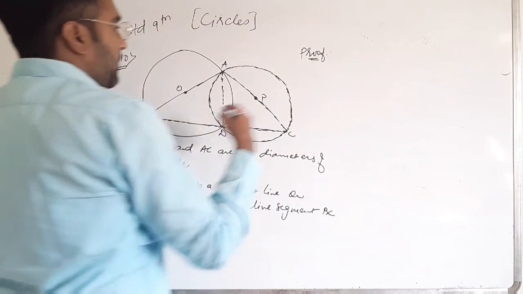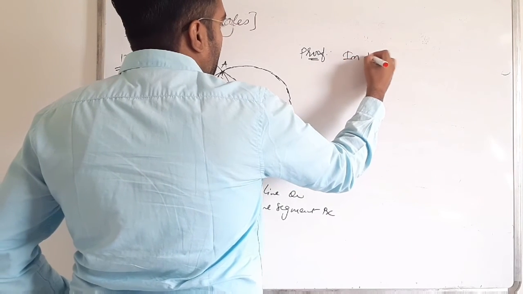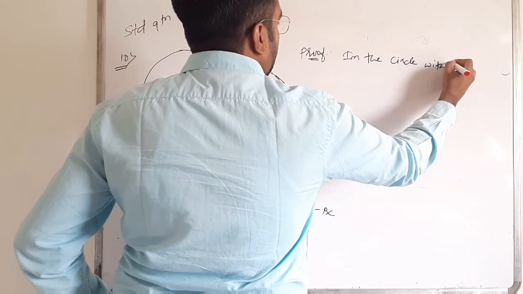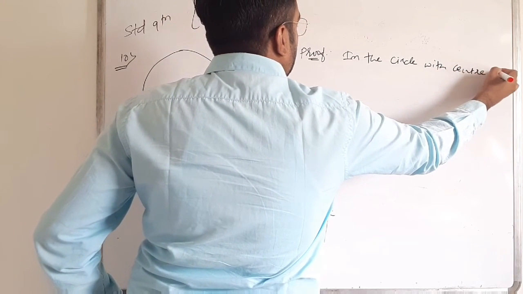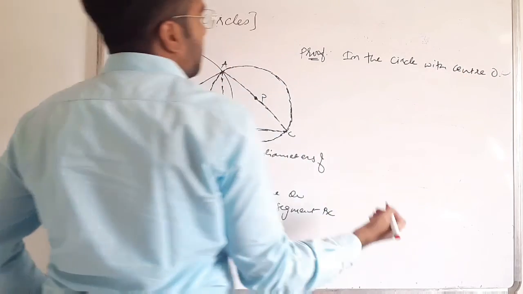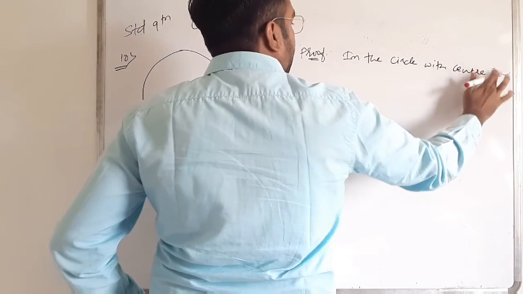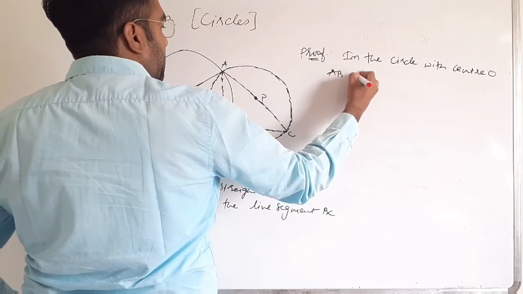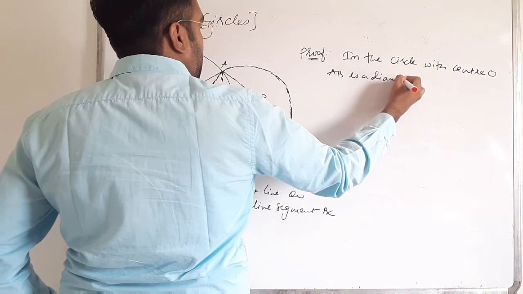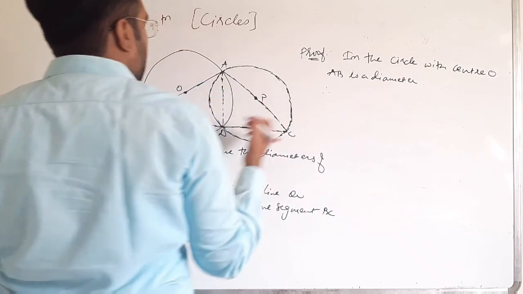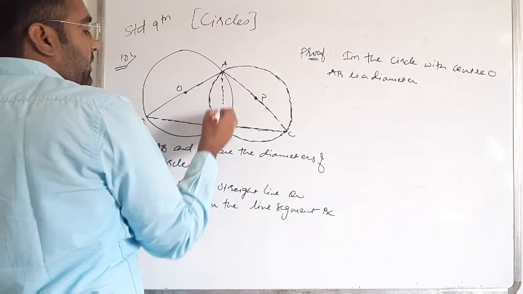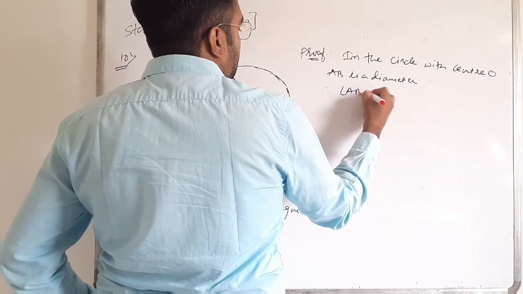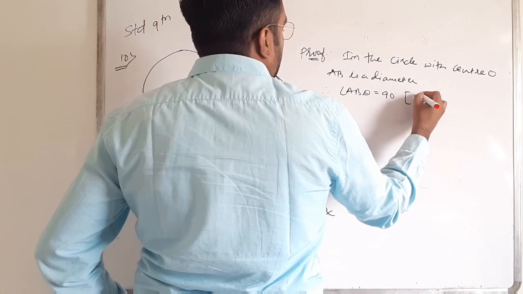Here in the circle with center O, AB is a diameter, so therefore angle ADB is 90 degree.